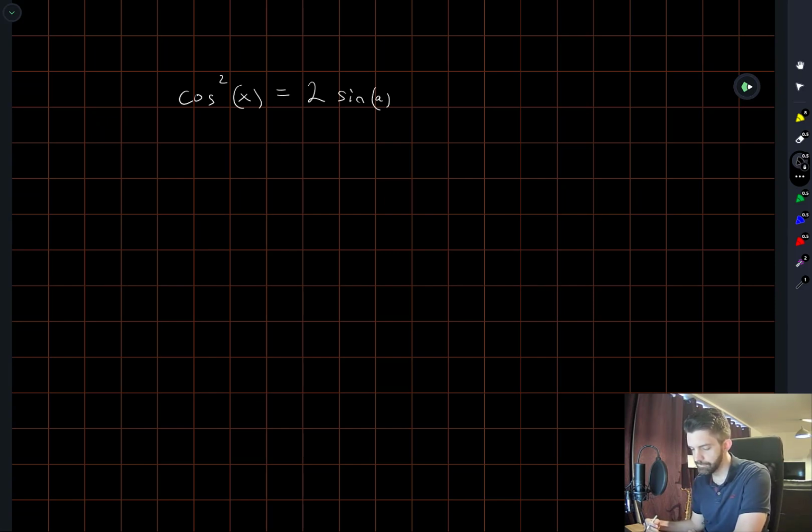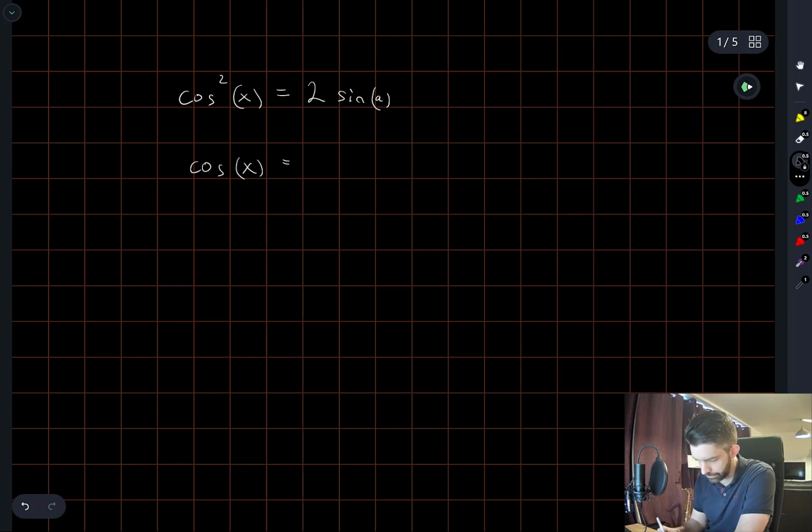So cosine squared x is always non-negative, so we need certainly the right-hand side to be non-negative. But with a 2 here, let's rewrite this as cosine squared x is equal to 2 sine a.